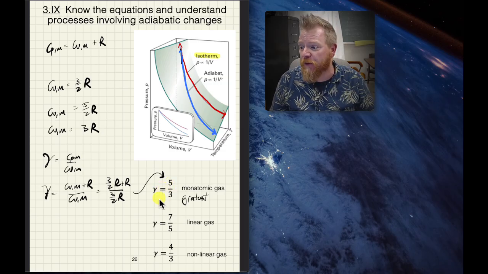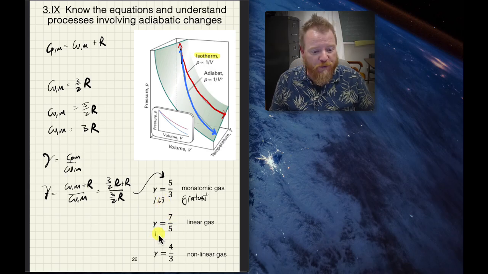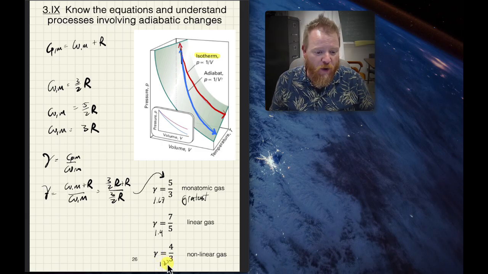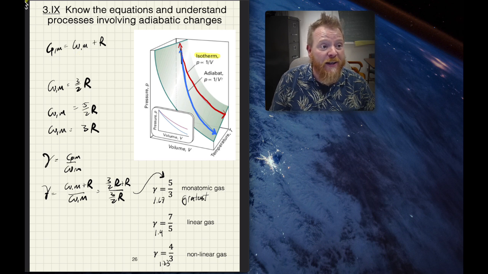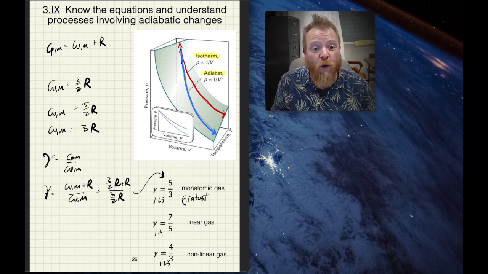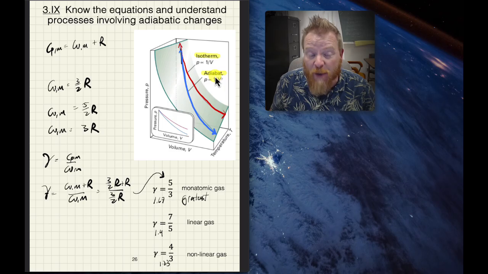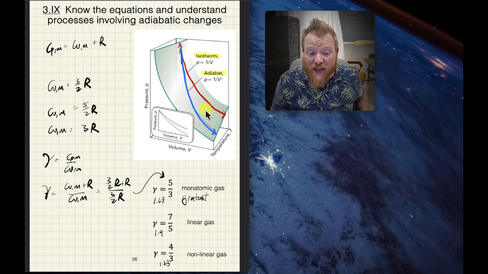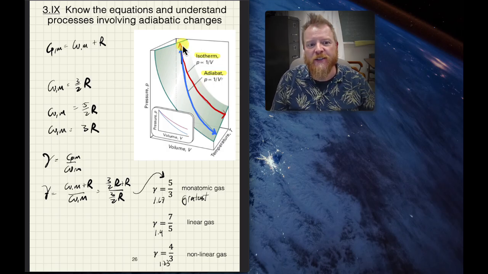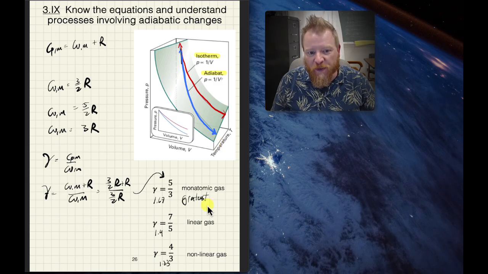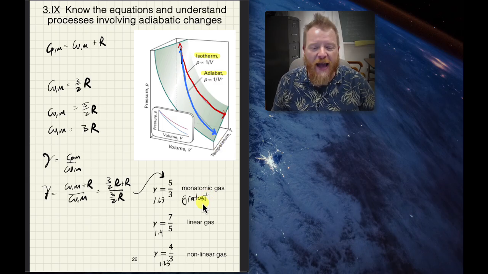So that 5/3, that's got a value of 1.67. That 7 over 5 has a value of 1.4. And 4/3, that's a value of 1.33. So because the adiabat here is dependent upon 1 over volume to the gamma power, that monatomic gas has the greatest value of gamma, so it's going to have the steepest slope. So that's what the math tells us, that there's going to be the steepest slope and thus the greatest temperature change for the monatomic gas.